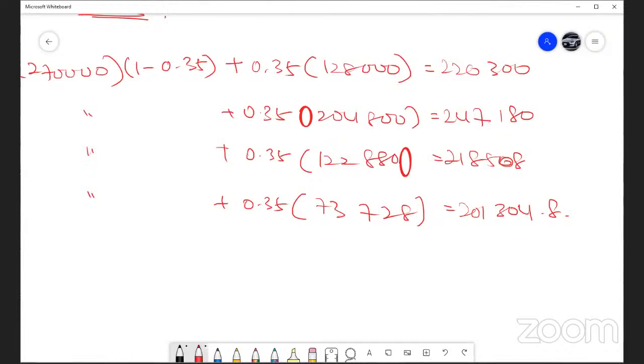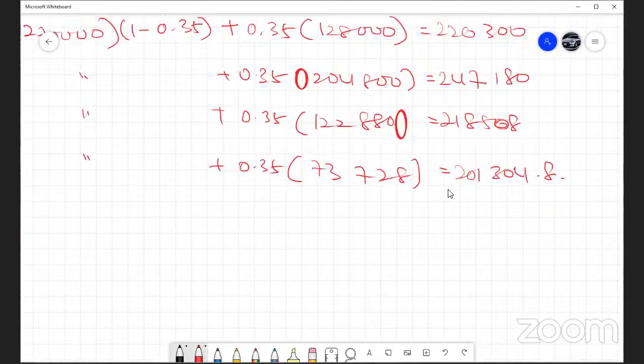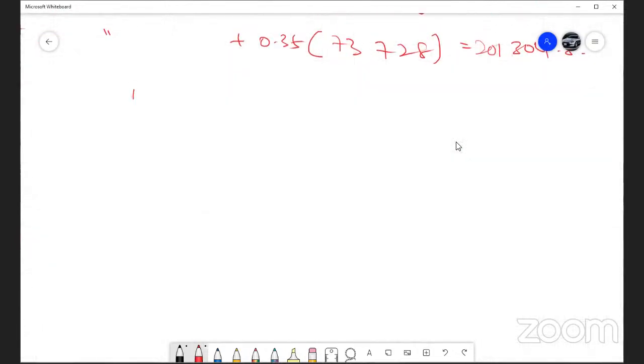The project requires 20,000 of net working capital at the beginning, and each succeeding year will be 3,500. So year 0, 1, 2, 3, and 4.